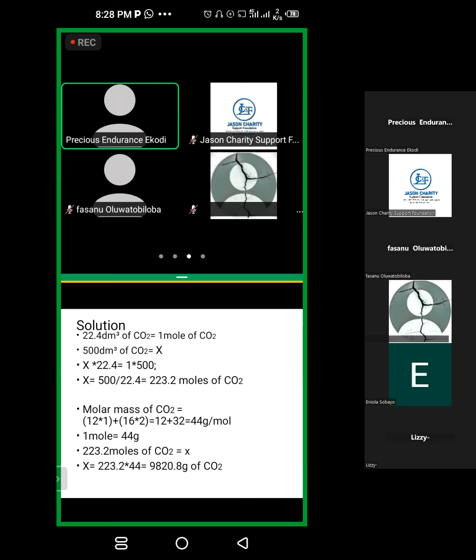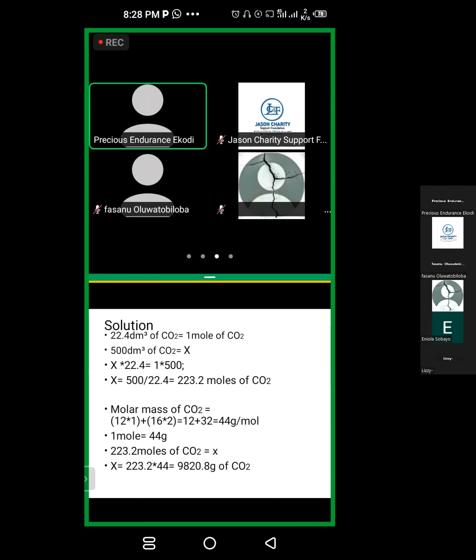So when we cross multiply, we have X times 22.4 equals 1 times 500. So X equals 500 divided by 22.4. How do we have this? X times 22.4 will be 22.4x. And on the other side, we have 1 times 500, which is 500.